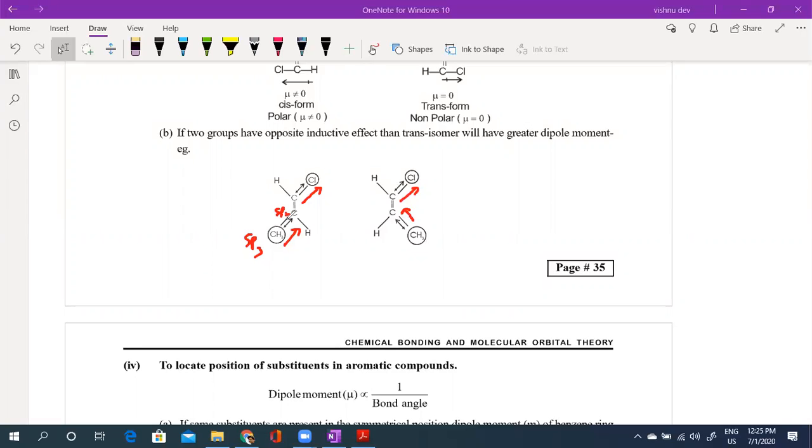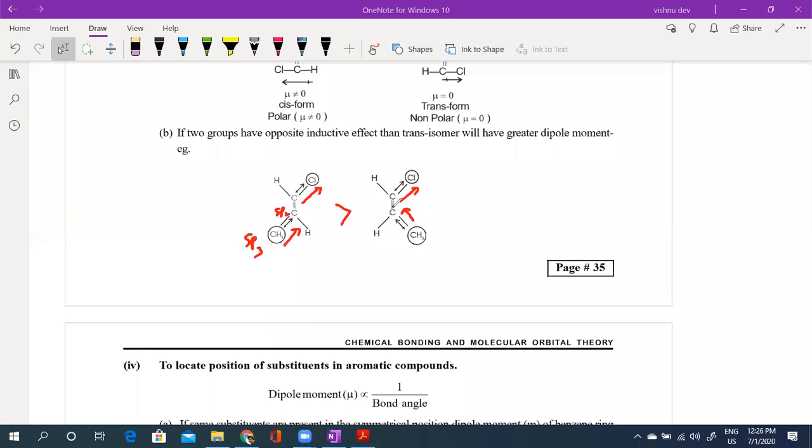And hybridization, right, अगर sp2 होता है तो electronegativity ज्यादा होता है as compared to sp3. Got it? Now in this case yes or yes, see trans is additive whereas cis is subtractive. So इसका ज्यादा होगा as compared to cis.